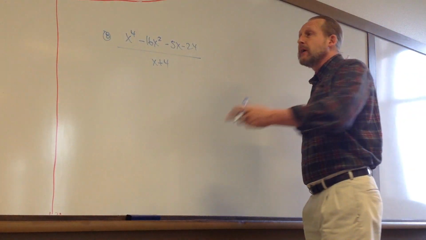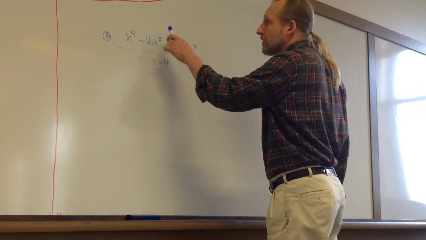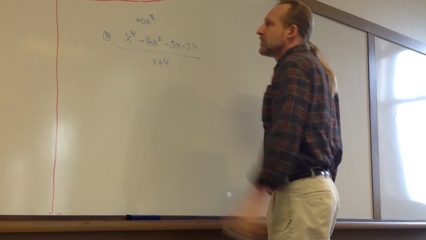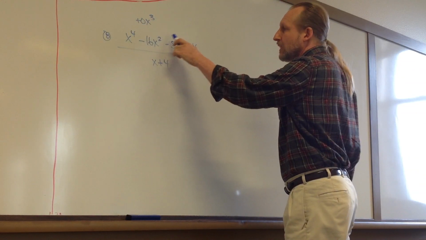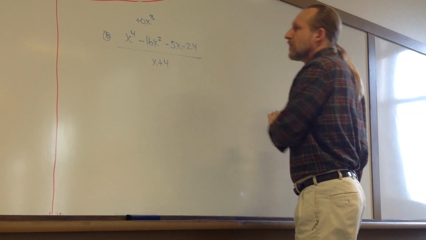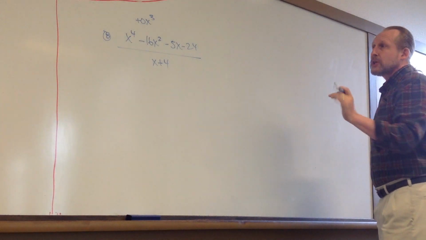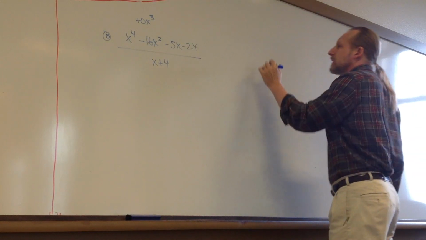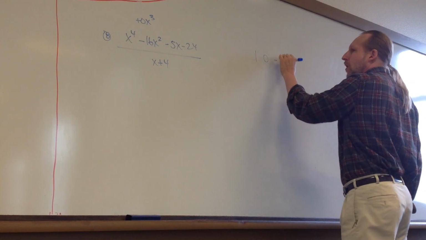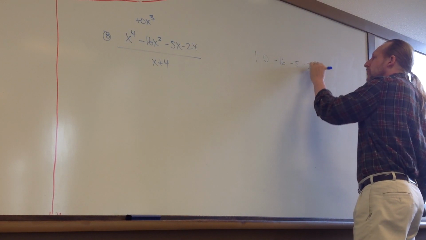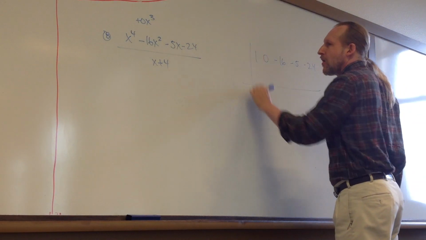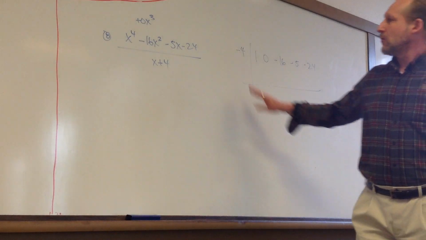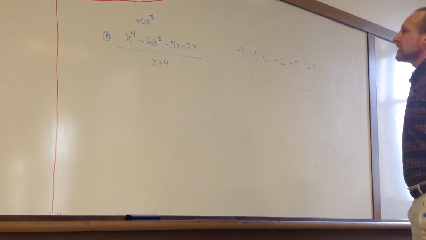So, make sure you've got all the powers of x. 4, 3. We're missing the 0x cubed here. And then squared, 2, 1, 0. Good. So now with the coefficients, we're going to have a 1, 0, minus 16, minus 5, and minus 24. And then we're dividing by x plus 4, so we'll use a minus 4 in the synthetic division.